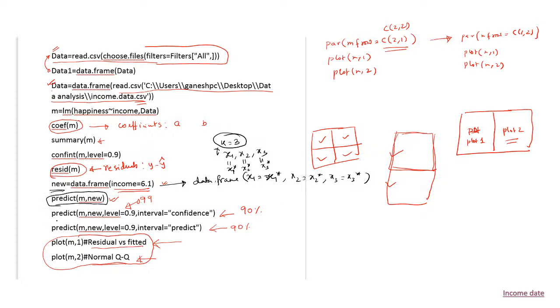Similarly, if you use this command, you can get the confidence interval, and with this command, the prediction interval. Use this command for the residual plot, and this command for the normality plot or normal probability plot. The same command is used for multiple regression, and instead of this you use ln y tilde x1 plus x2 plus x3, whatever your x.